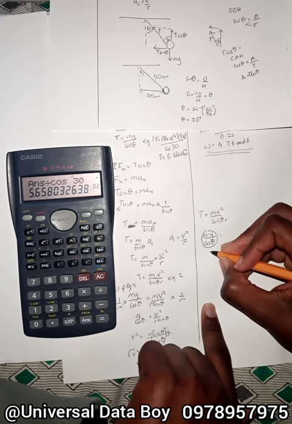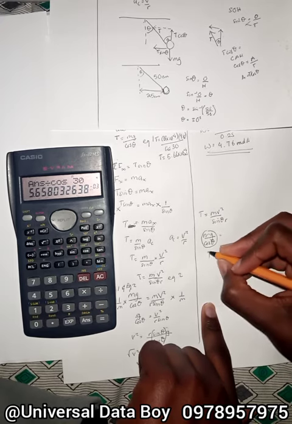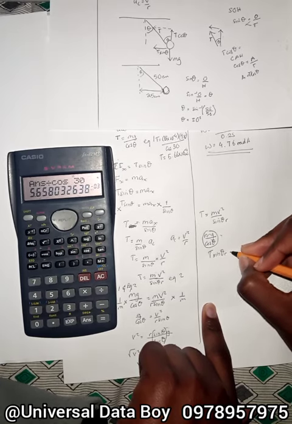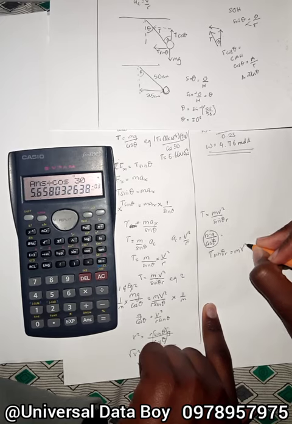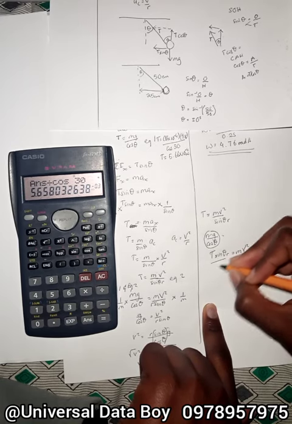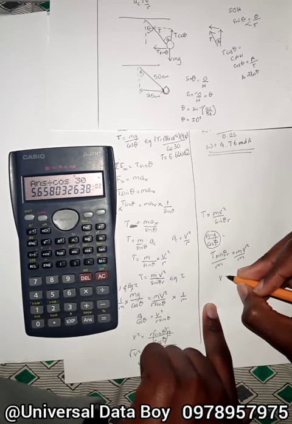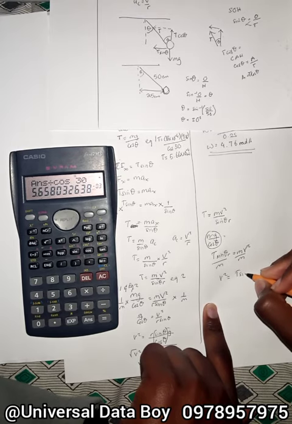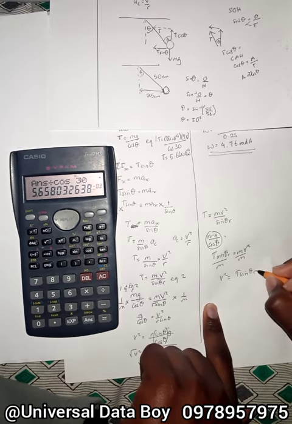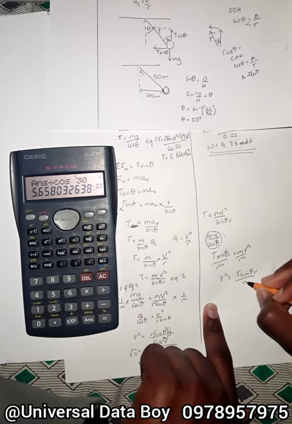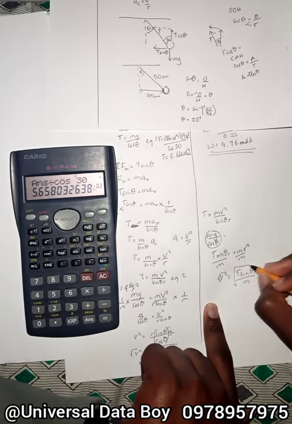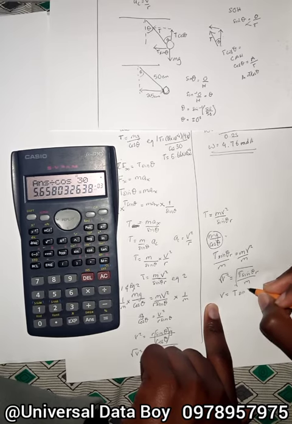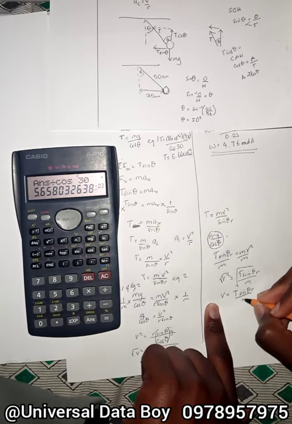So when you cross multiply, t sine theta r is equal to mv squared. When you divide both sides by m, you're going to have v squared being equal to t sine theta r over m. Take the square root of both sides. Our v is equal to the square root of t sine theta r over m.